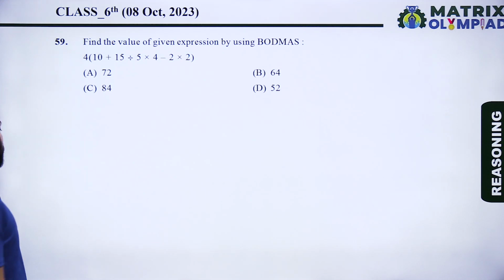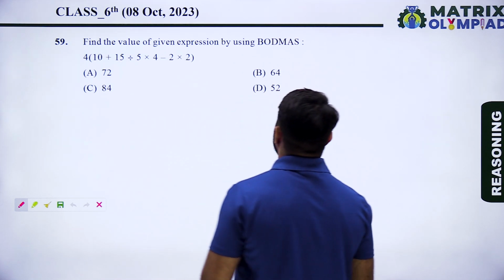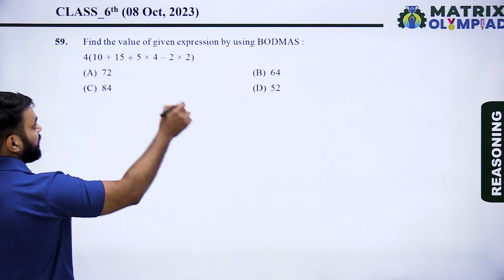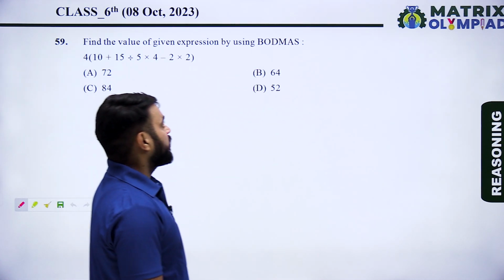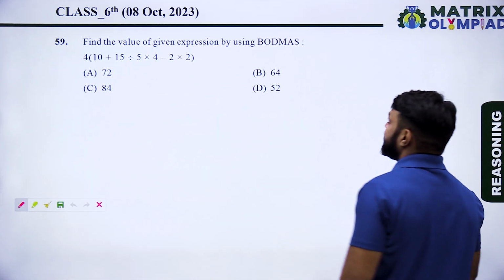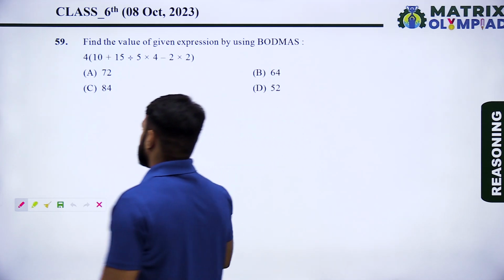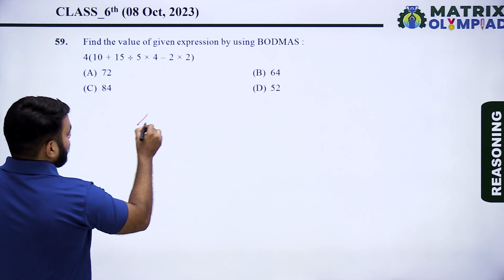So, the next question is to find the value of the given expression by using BODMAS. Using BODMAS, B means bracket, O means order of power, D means division, M means multiplication, A means addition, and S means subtraction. So, first solve the bracket.